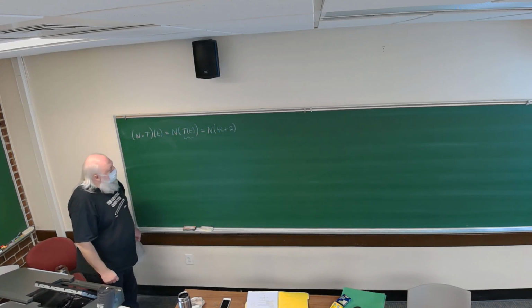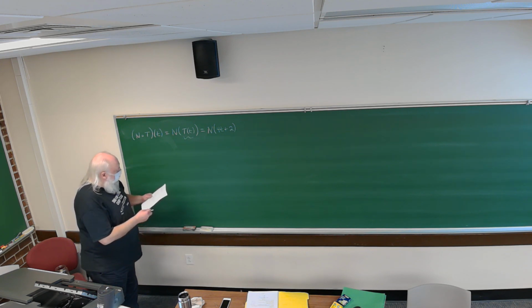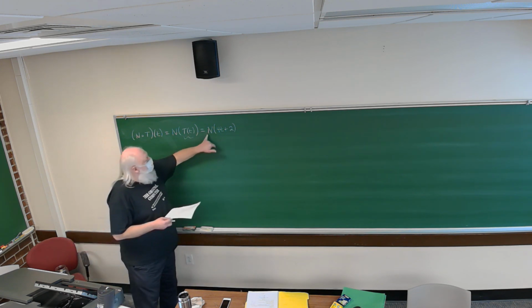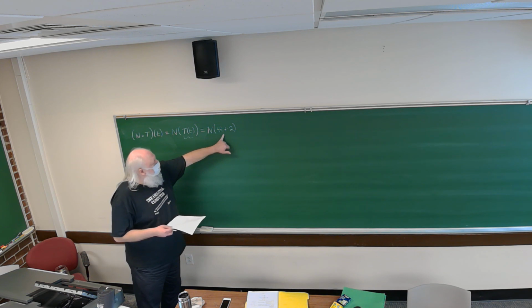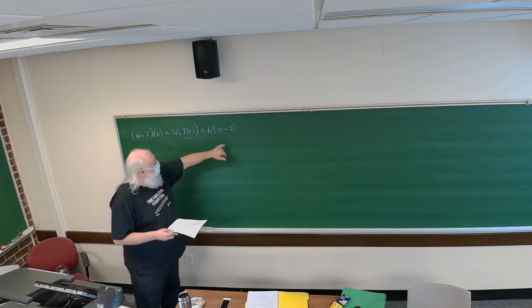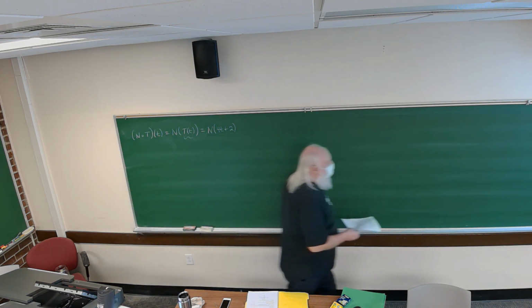And now we have to evaluate big N of 4t plus 2. We've got to put 4t plus 2 in for t on the right-hand side here. Wherever we see a t, we have to put 4t plus 2.